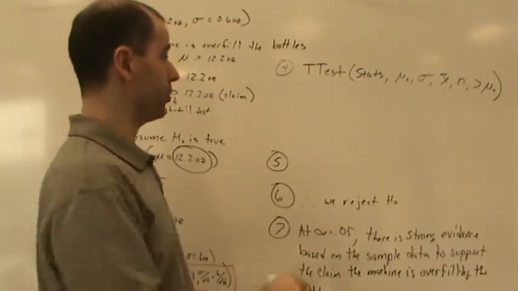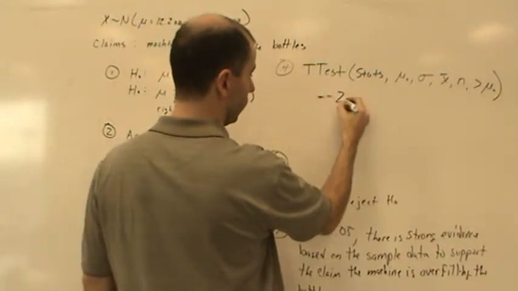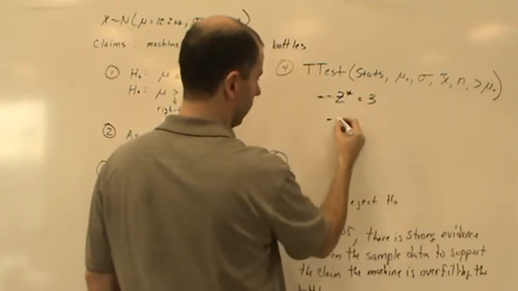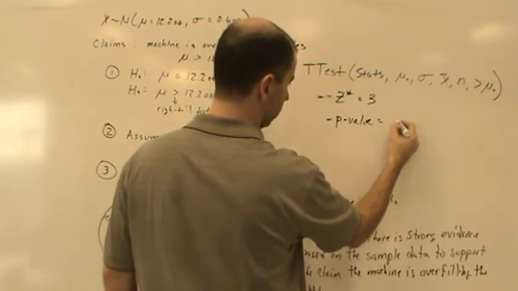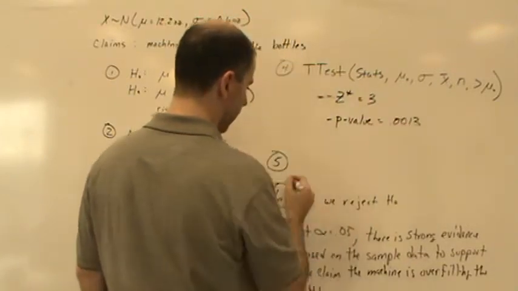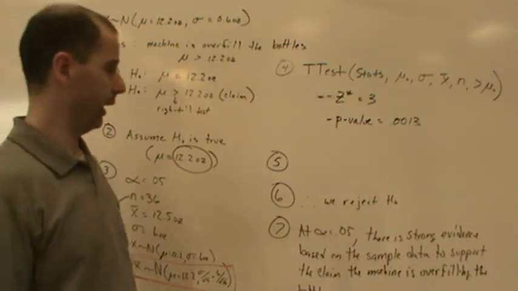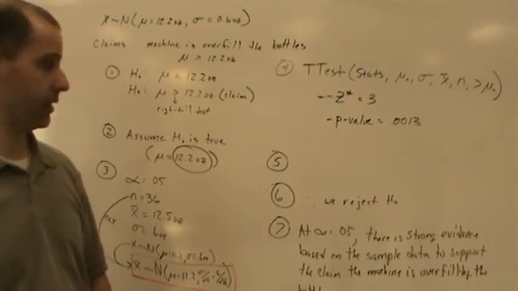Once you hit enter, it's going to give you your z-star and your p-value. And then for step 5, you can use either one. You can use the p-value method or the traditional method comparison here.